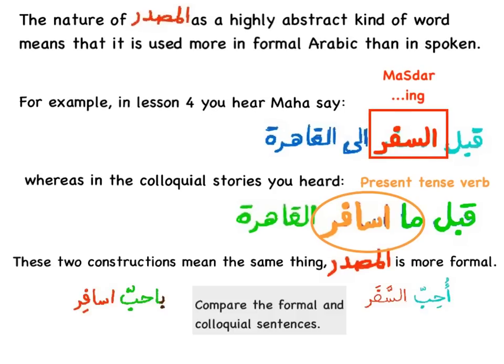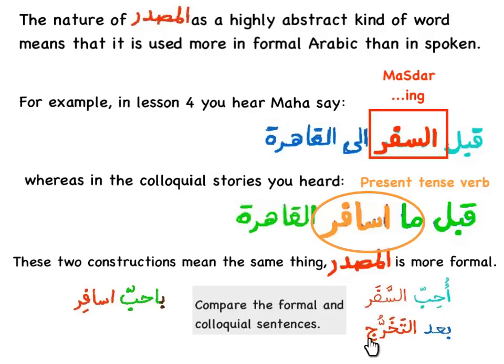Okay, let's look at these examples. Compare أحب السفر to بحب أسافر. The two sentences express the same thing, the love of travel. In formal Arabic, I love traveling, and in Ammiya, in colloquial, we say I love to travel, بحب أسافر, but only in formal Arabic do we use al-masdar.